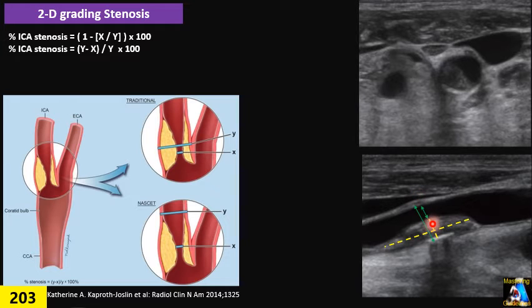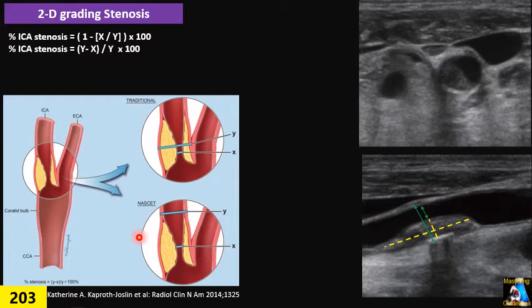Here you can see, under the traditional technique, we measure the narrowest spot and the diameter of the carotid at almost the same level, outer to outer. As you can see, we have two walls here: one belonging to the external jugular vein, another belonging to the ECA. So the border between them will be your outer spot for measurement.